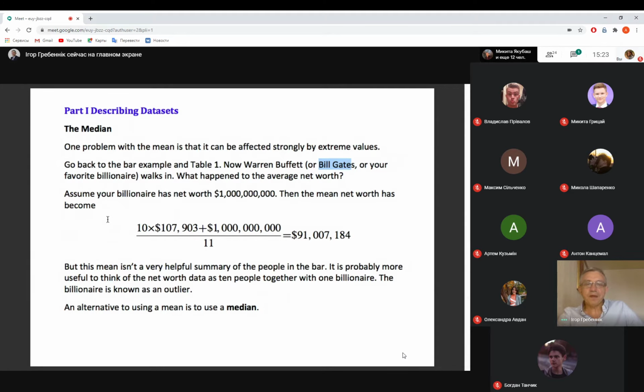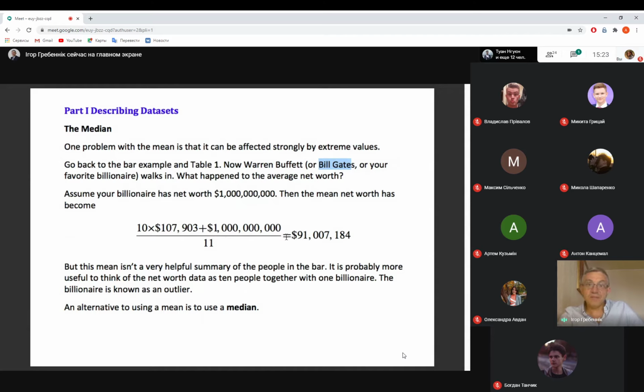And how to calculate the mean? We had the mean for 10 visitors as $107, you remember. Multiply by 10 plus 1 billion from Bill Gates.